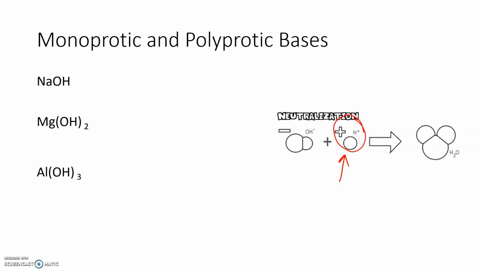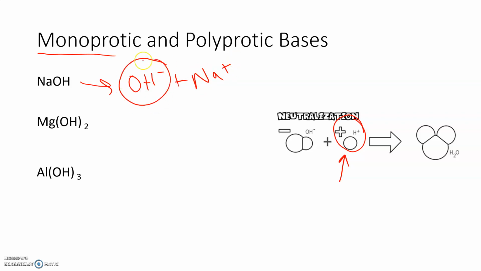So when you have a monoprotic base, that means that when you put it in water, it dissociates into just one OH minus ion along with some other positive ion, in this case sodium. And that hydroxide ion would take on the H plus to make a neutral product. So this is a monoprotic base because it only makes one OH in solution that accepts one H plus.